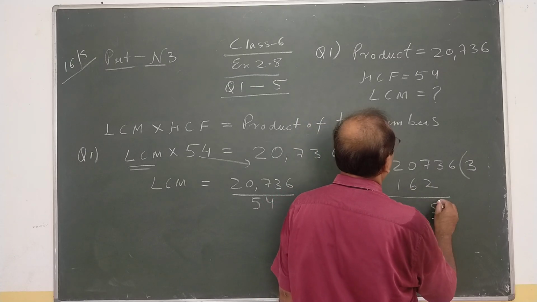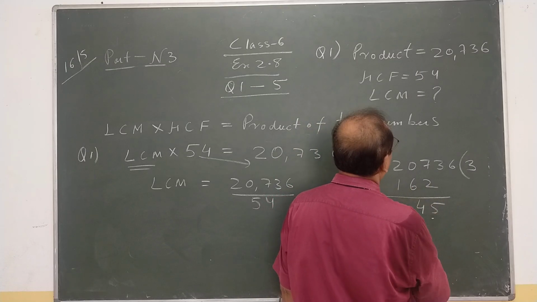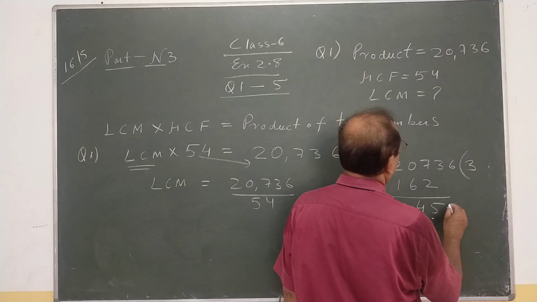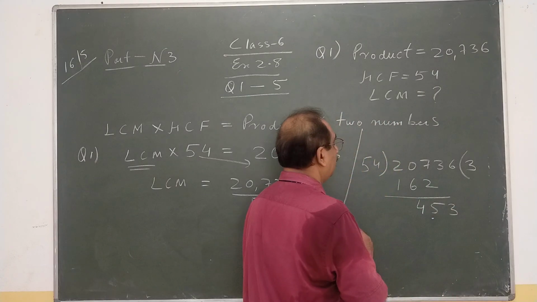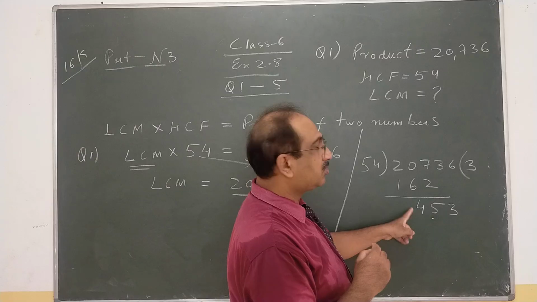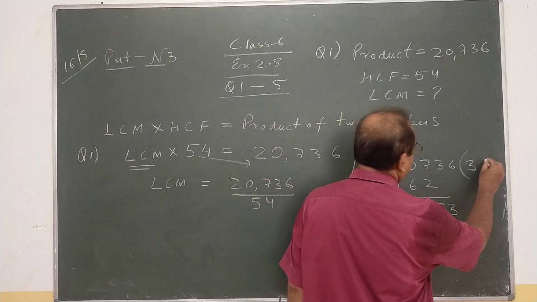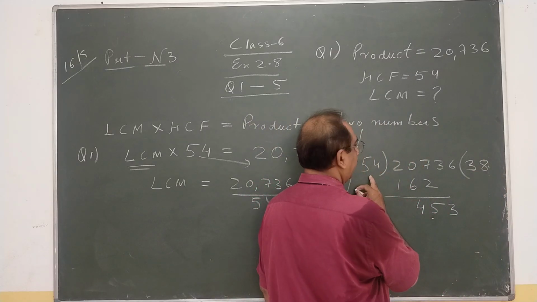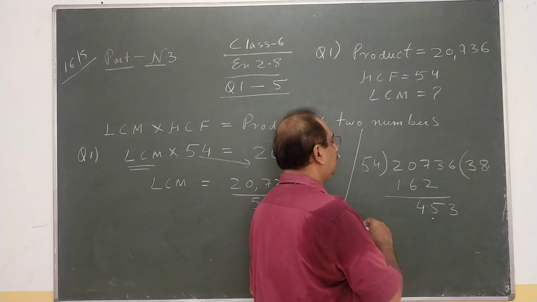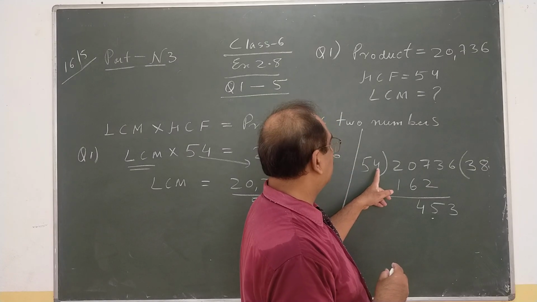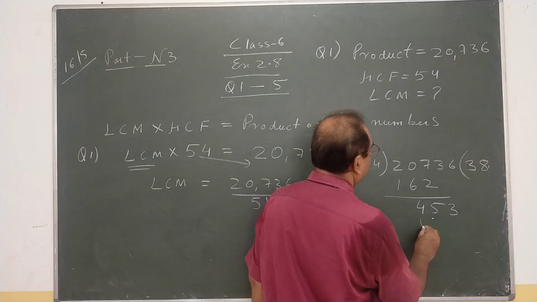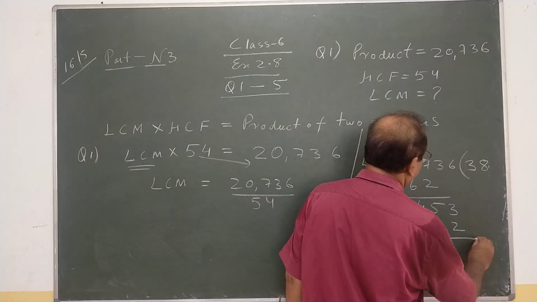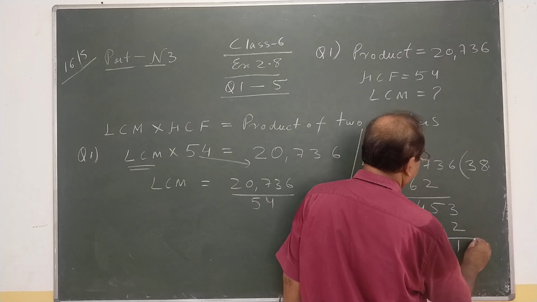Now 5 and this will be 45. 3 will come down. Now 9 times it will be more. 8 times, children. 8 into 50 is 400. 8 fours are 32. So 6 will come.